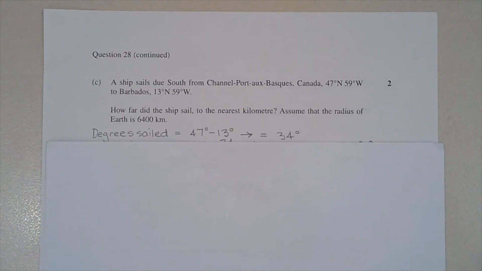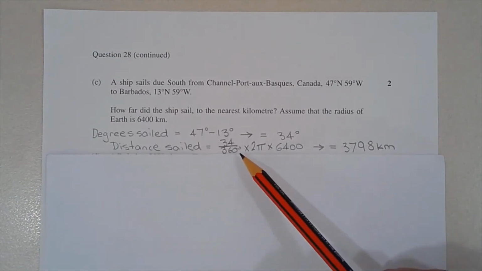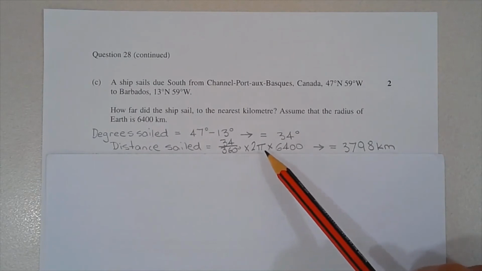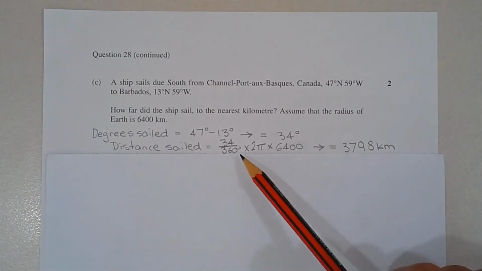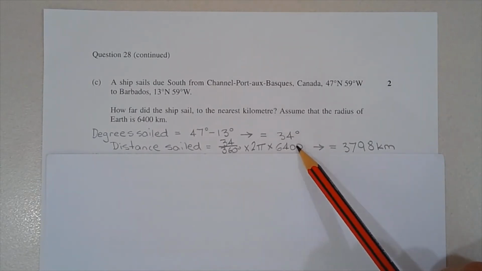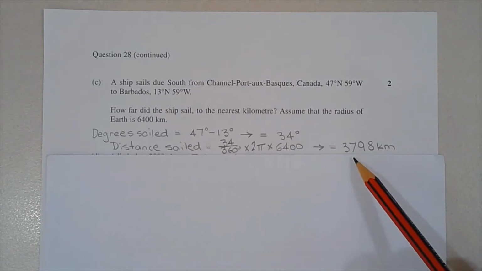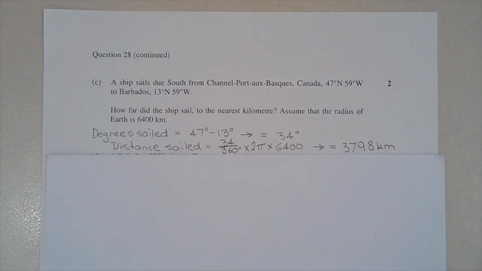And we need to take into account the circle that the ship has sailed on. So the distance sailed is equal to 34 over 360 multiplied by 2 pi r, and we're told here that r is 6,400 kilometres, and this equals 3,798 kilometres correct to the nearest kilometre.